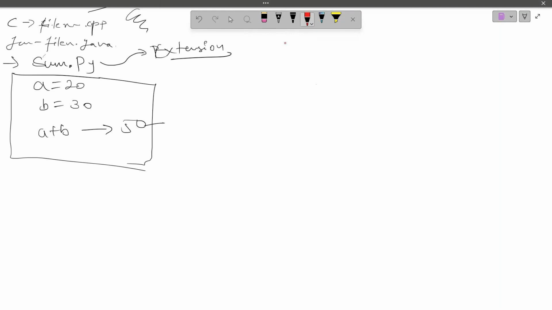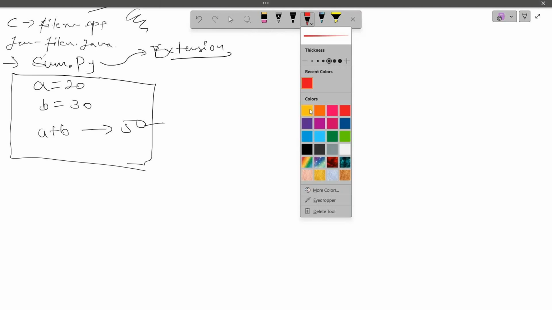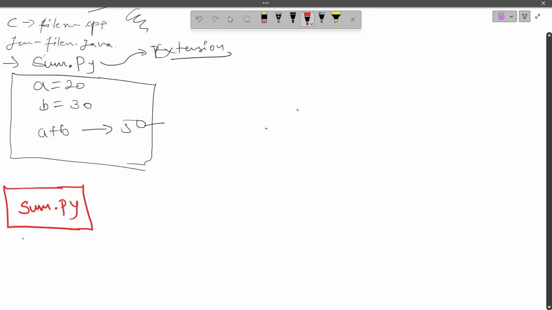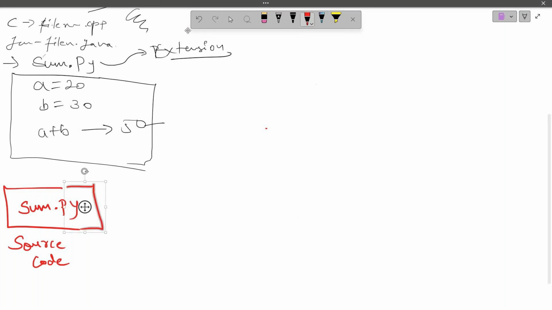Okay. Now let's go for it. Now you have written A is equals to 10, B is equals to 30, and A plus B. You got the answer. The file name is sum.py. You have written this sum.py. This source code is going to convert into bytecode.